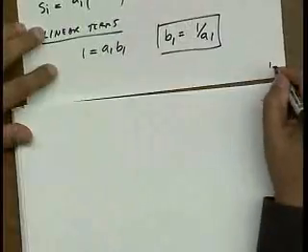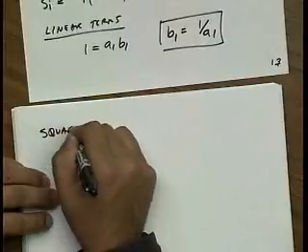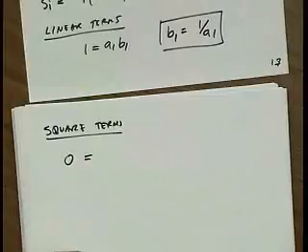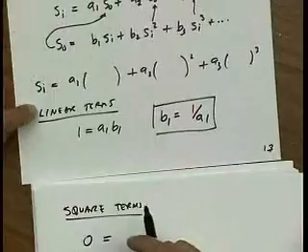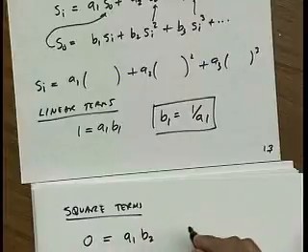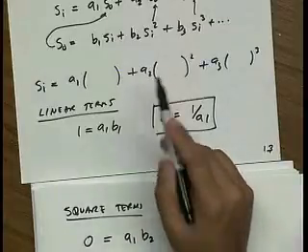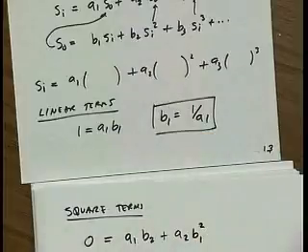Okay, now let's equate square terms. Well, there's no square terms on the left-hand side, right? On the left-hand side, I have just S input. On the right-hand side, I have A1 times B2 S input squared, so that's one term I need. What other terms do I have? If I look here, I have a term which is A2 B1 squared.